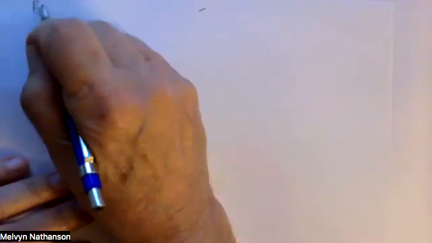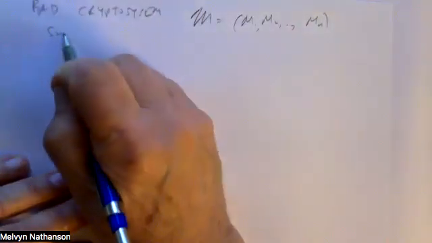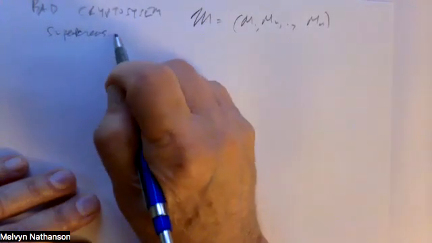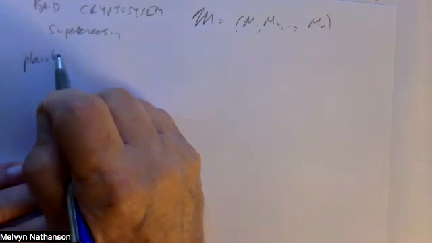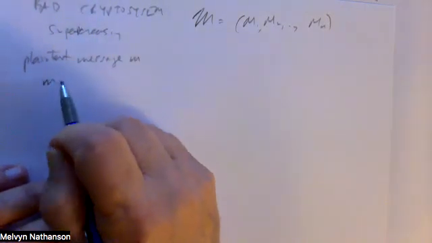That is, we have the following bad crypto system. We have a sequence M of n numbers that's super increasing. We start with our message we want to communicate, our plain text message M, which is a binary sequence.